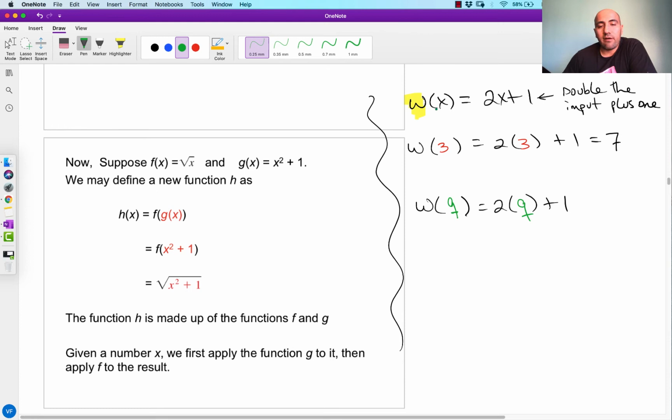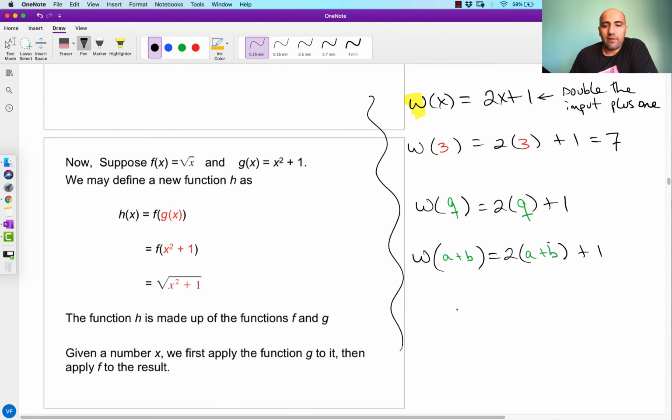Okay, so we can define a function this way. We can evaluate it at a number. We can evaluate it at another letter. And then later we learned that we can evaluate it at a little equation, right? So like I can evaluate this at a plus b. And so I could have 2 times a plus b, plus 1.